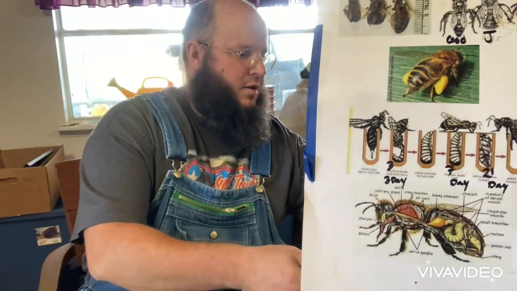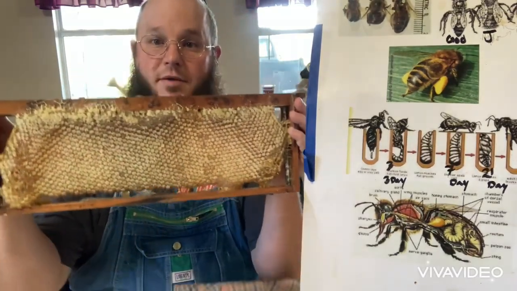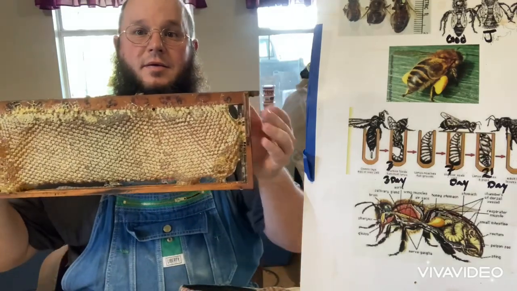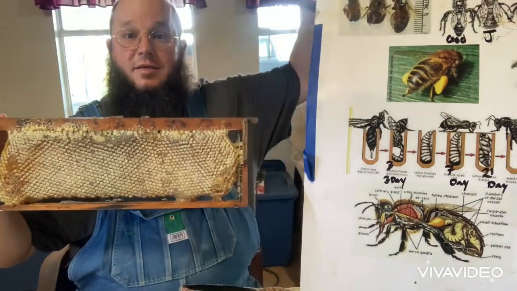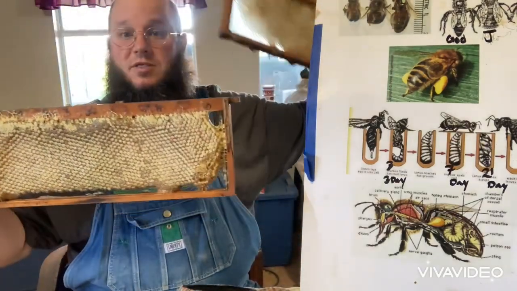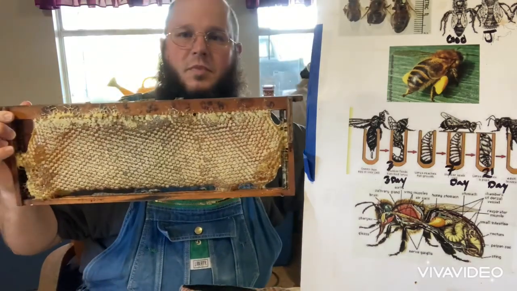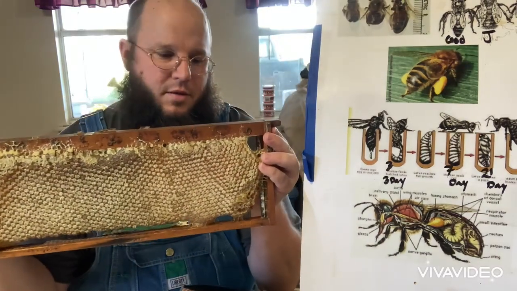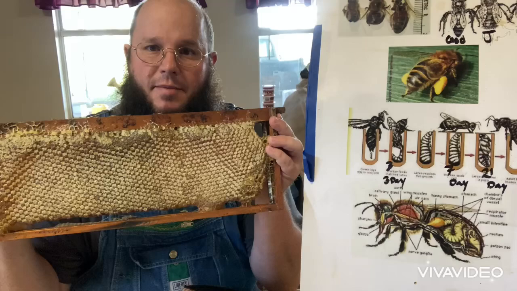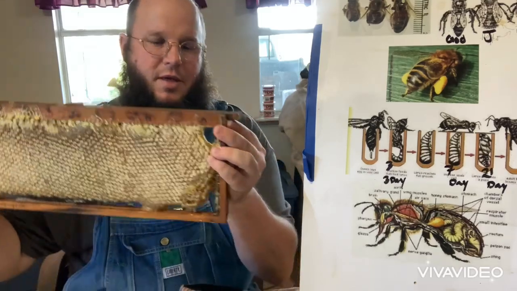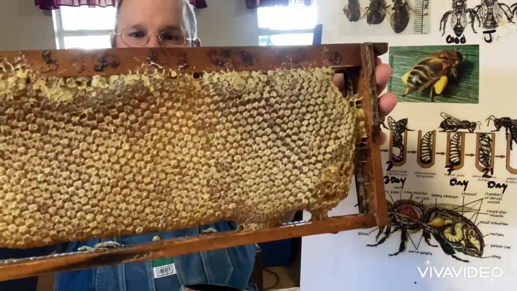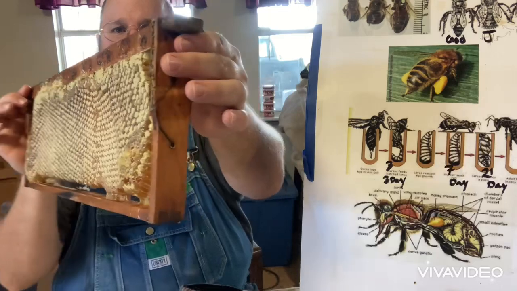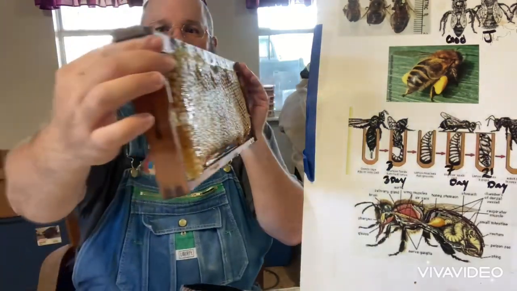So let's talk about nectar. Here we have another frame of honey, and you can see how this one is empty and this one is full. Honey is capped so they can live on through the winter. And you can see how this one here is built into the frame.